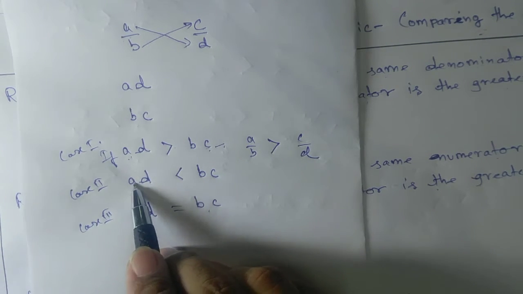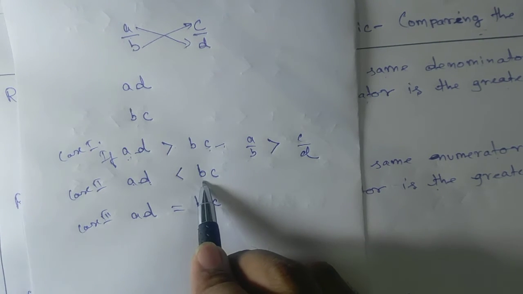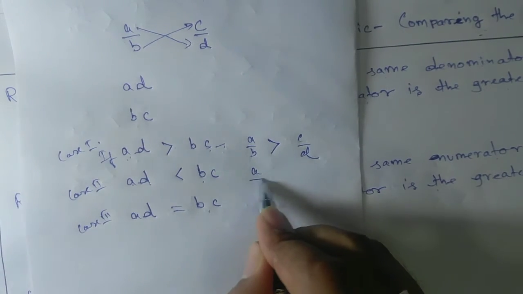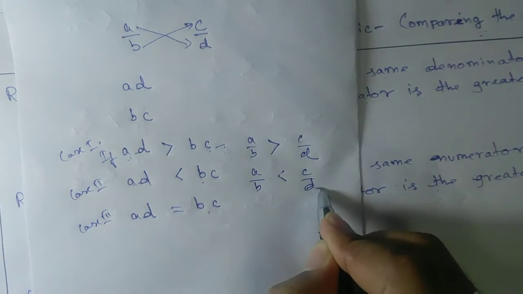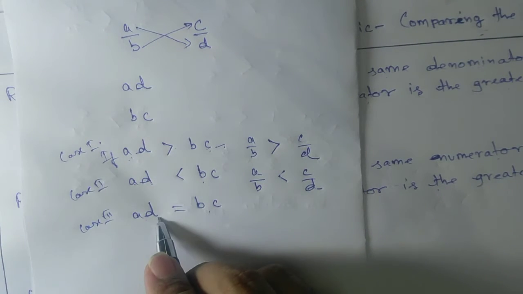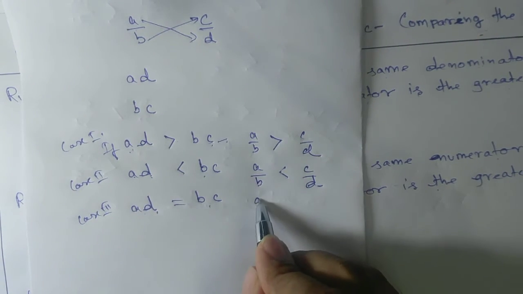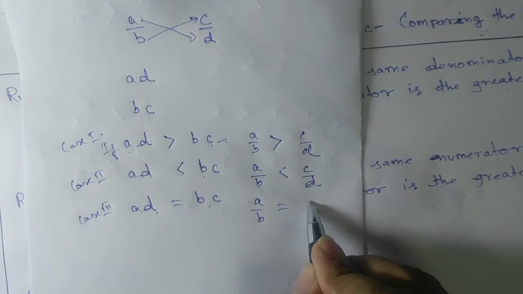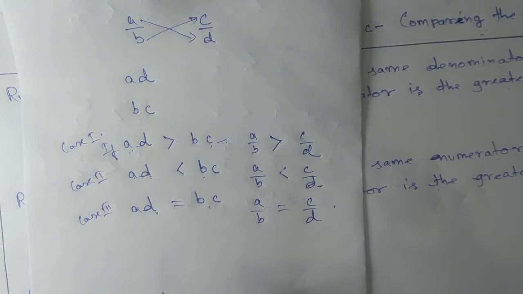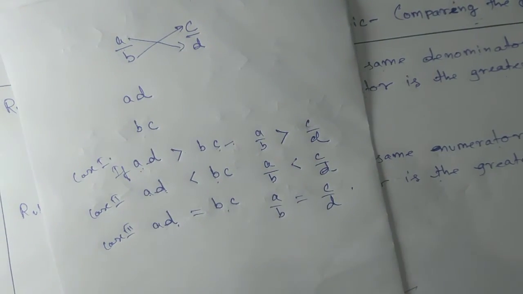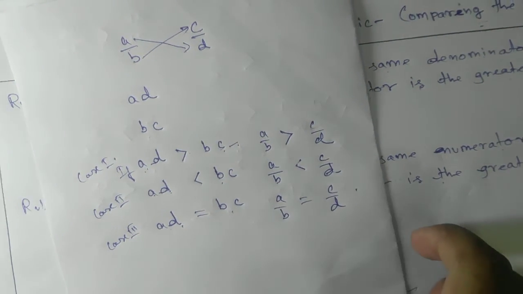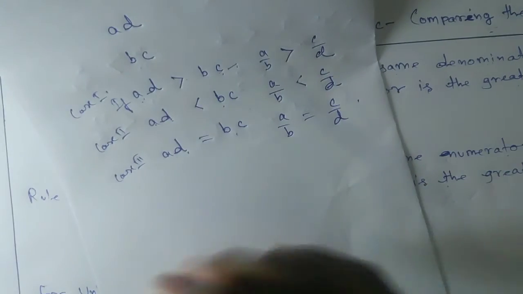If AD is less than BC, then you can conclude that A by B is less than C by D. And for the third case, A by B equals C by D. This is the rule for the cross multiplication method. Let's try to understand with the help of an example.